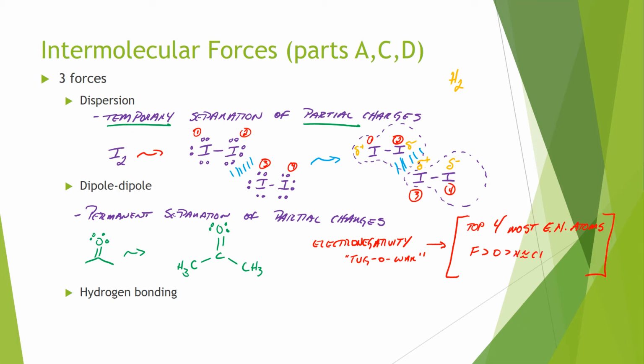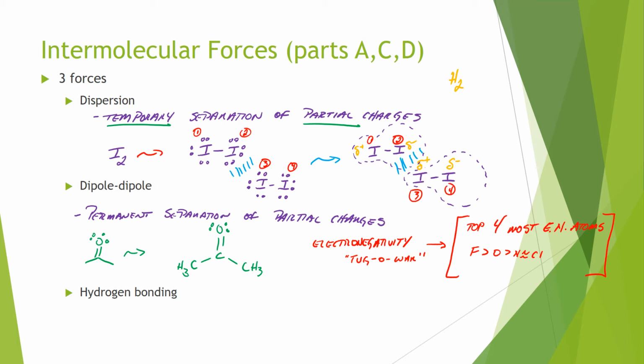Nitrogen has a slight lead on the electronegativity of chlorine, although it does depend on what textbook you're looking at. So it is a little bit wonky there, but we'll go with this order for now. So fluorine, oxygen, nitrogen, and chlorine. The more electronegative an atom is, the more it can pull electrons towards itself.